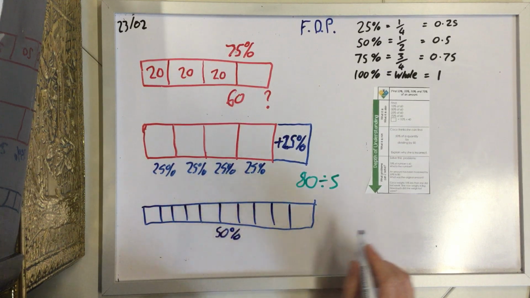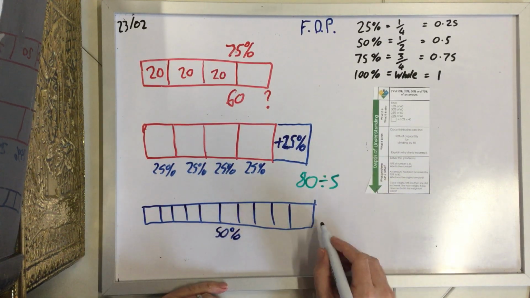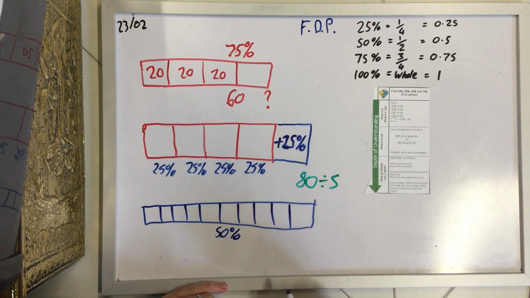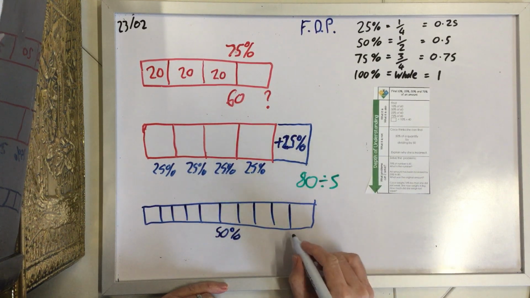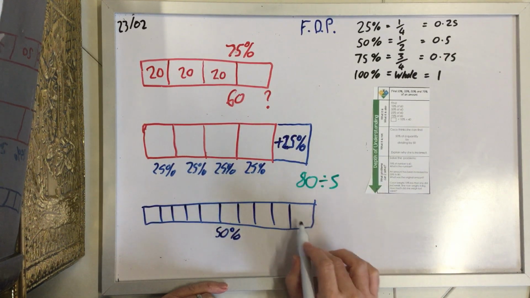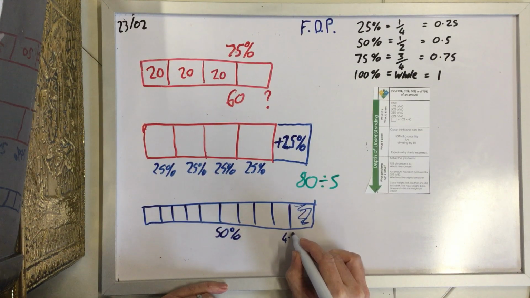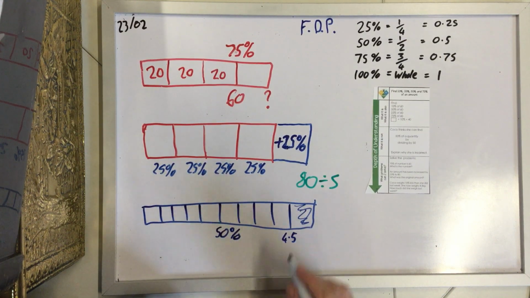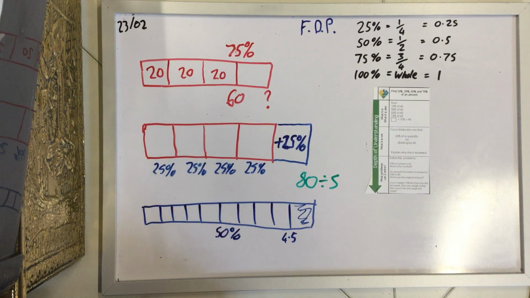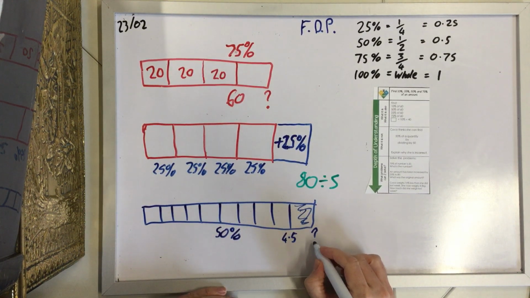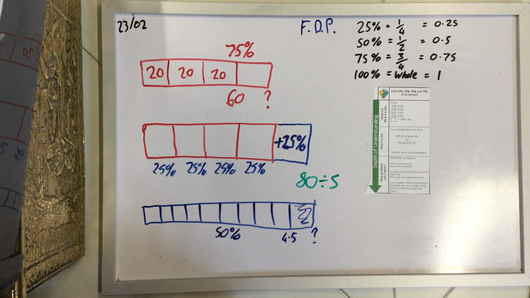Coco weighs 10% less than she did last week, and she now weighs 4.5. So if we take 10% off, 4.5 is what she weighs now, and you're looking for this part here, what she did weigh at 100%.